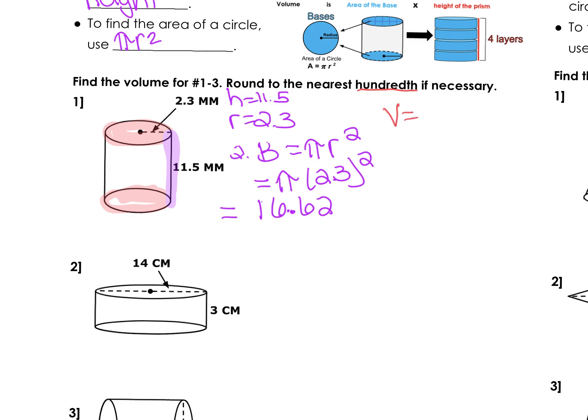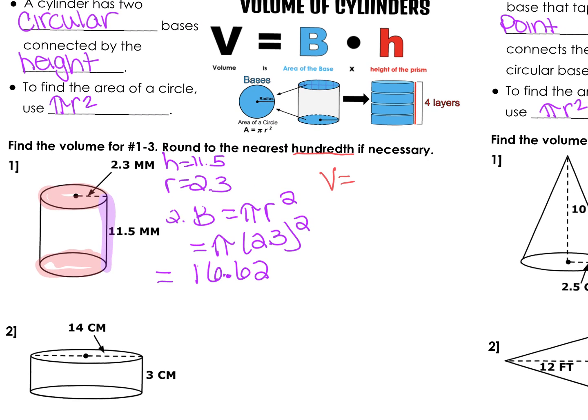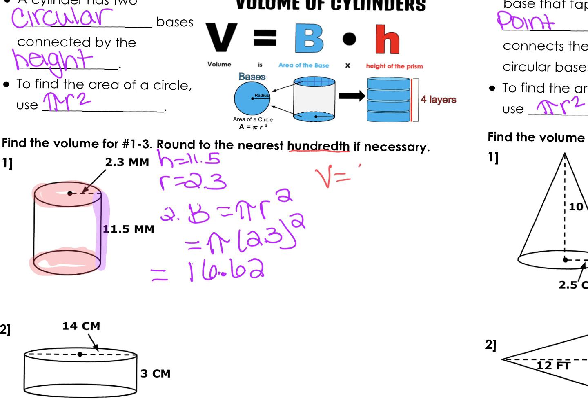So it's a cylinder. I'm going to go into my star chart. I know volume of my cylinder is big B times H. And now I am just going to substitute in. So I already know big B is 16.62.